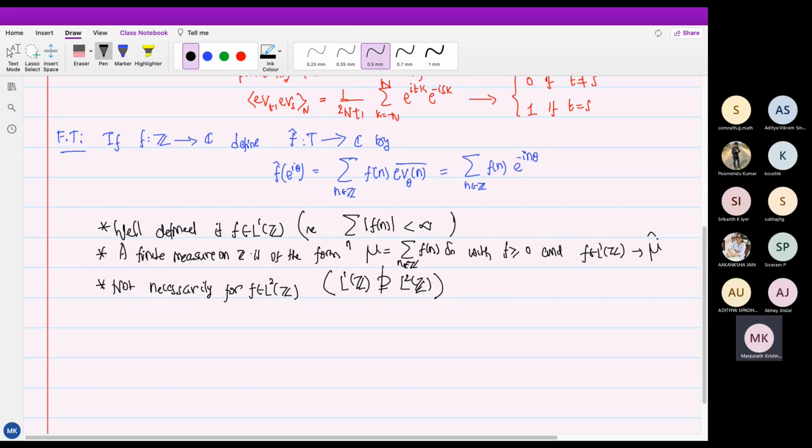So mu hat is defined as f hat. For measures there is no problem, since measures on Z are the same as L1 functions, with a non-negativity condition. But how do you define Fourier transform for L2 functions? This is not so clear, because there are functions which are in L2 which are not in L1. So how do you go about doing that?